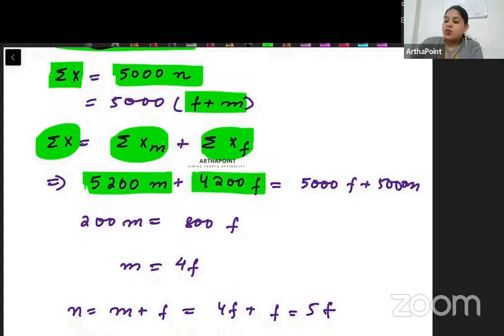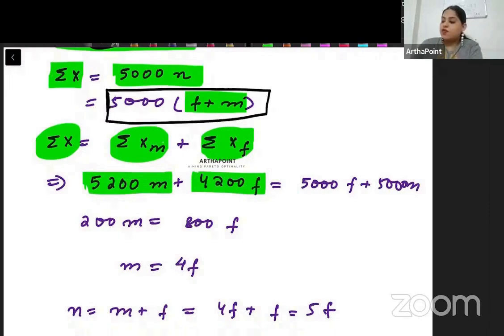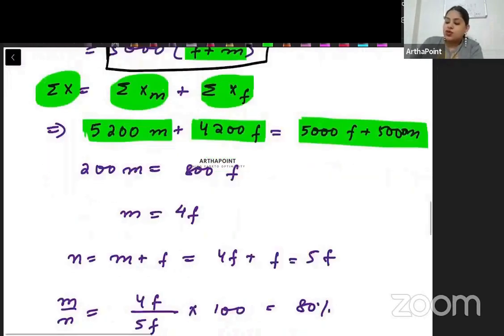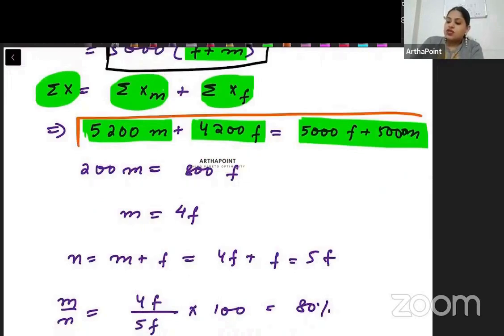And I got it equal to this value, 5,000 F plus M. So if you just solve this equation, you will go ahead and you will get this.